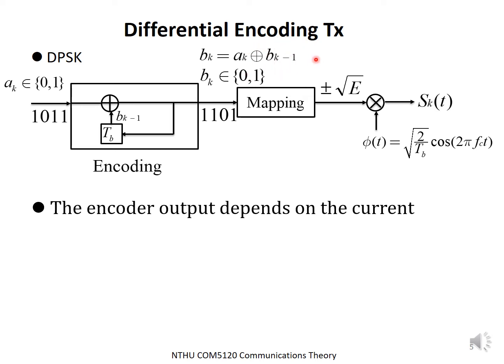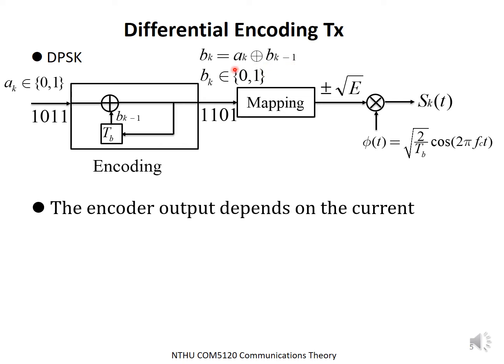So the actual transmission symbol transmitted at BK would need 1-bit memory of the previous transmit symbol.